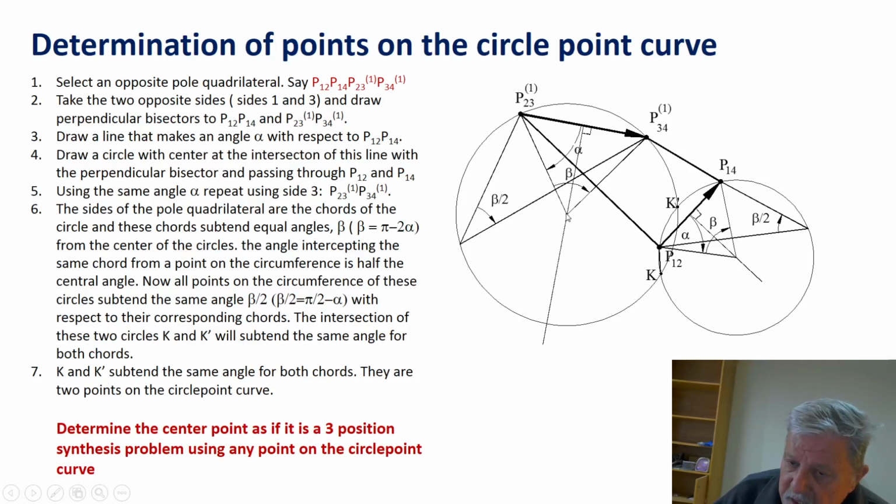It is going to intersect the perpendicular bisector over here. This angle is going to be equal to beta. This opposite pole quadrilateral will be subtended by an angle beta. This opposite side will be subtended by an angle beta as well. Okay? Or beta is pi minus 2 alpha. Okay.